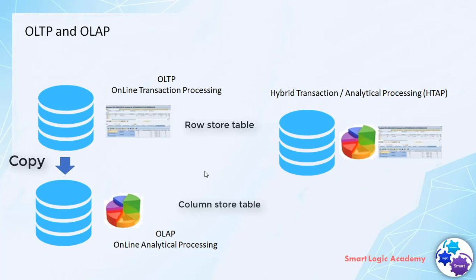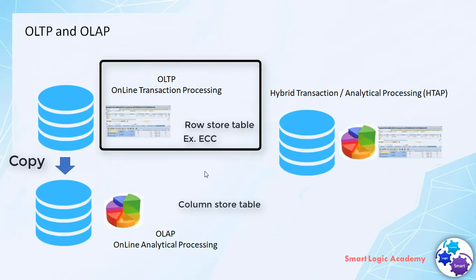Now you must be wondering what are transaction applications and analytic applications. So let's put more light on these two terms. Transaction applications are a type of information system that collects, stores, modifies and retrieves the data transactions of an enterprise.